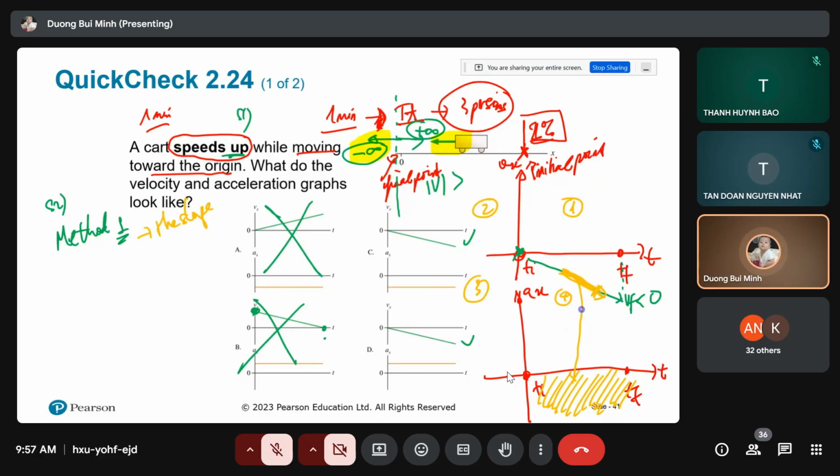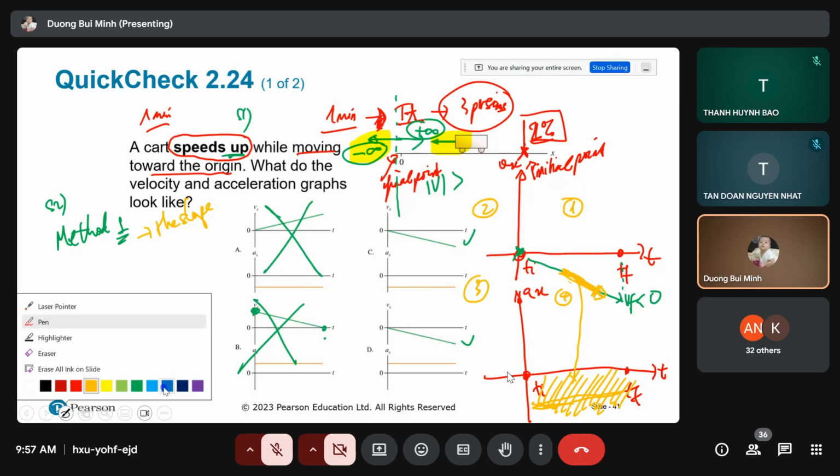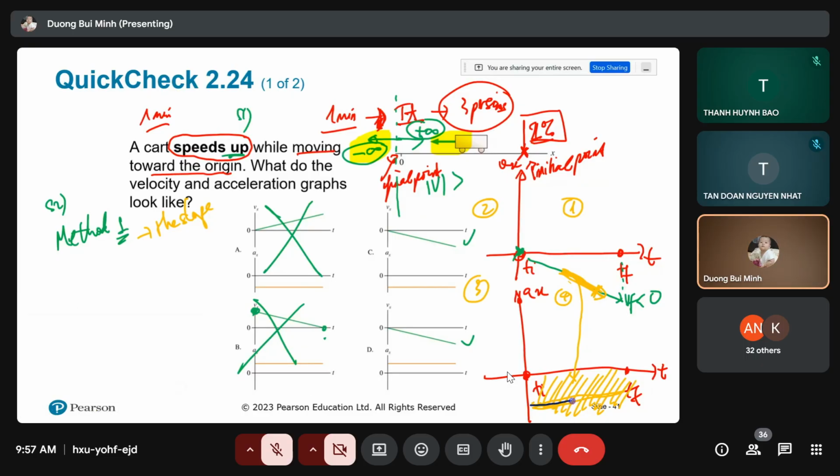For Vx, the slope is constant following the time, because velocity is linear, so Ax is constant. So we can get Ax like this. We can delete this one because Ax is positive. So the correct answer is C. This is method 1.